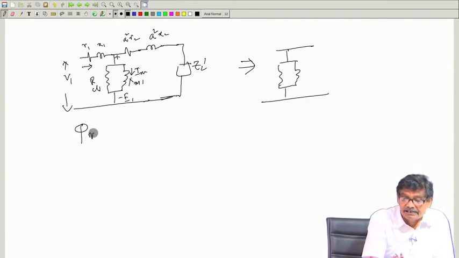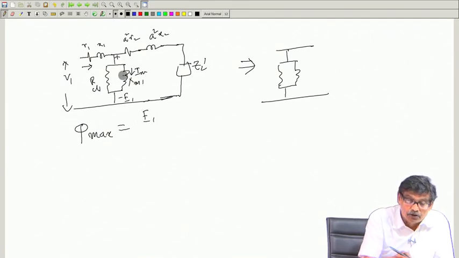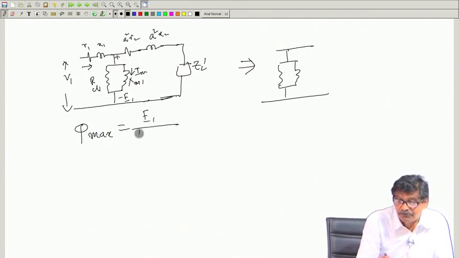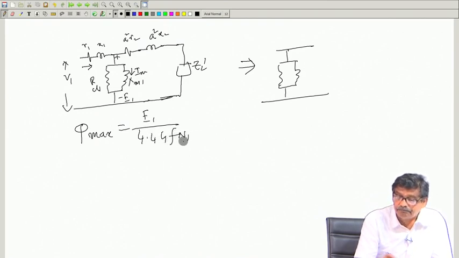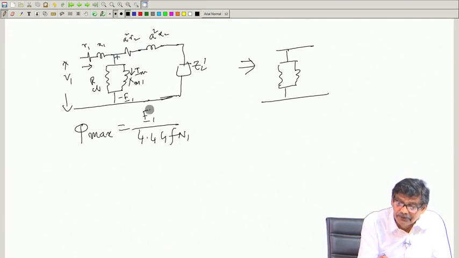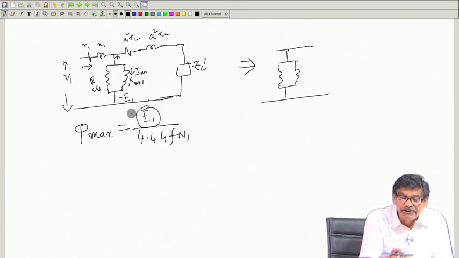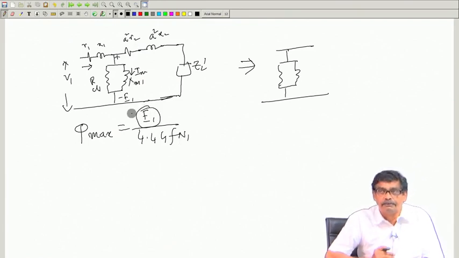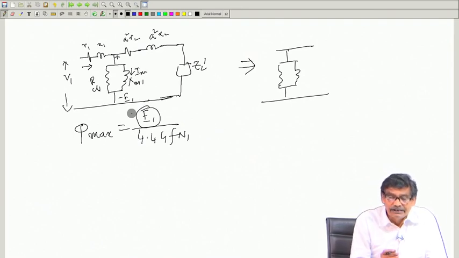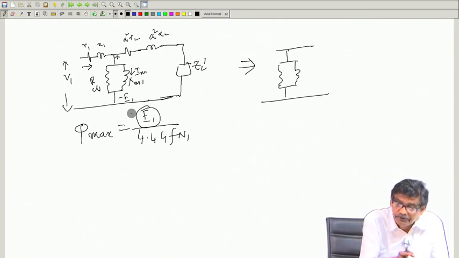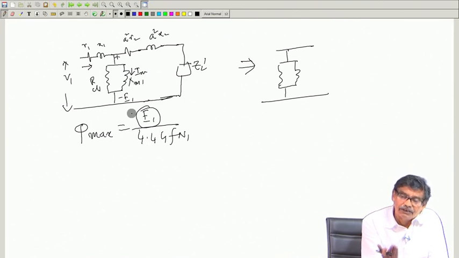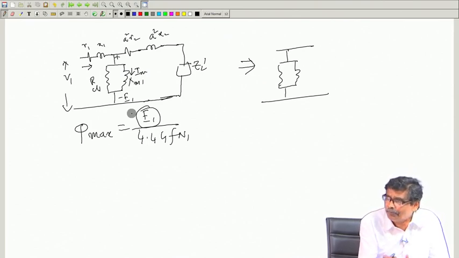If you go by this approximate circuit, what is phi max? Phi max is E1, not V1, divided by 4.44 f N1, strictly speaking. But this E1 value will deviate from V1 a little. In no load condition, it will be almost the same as V1, and during loaded condition there is a little drop here.